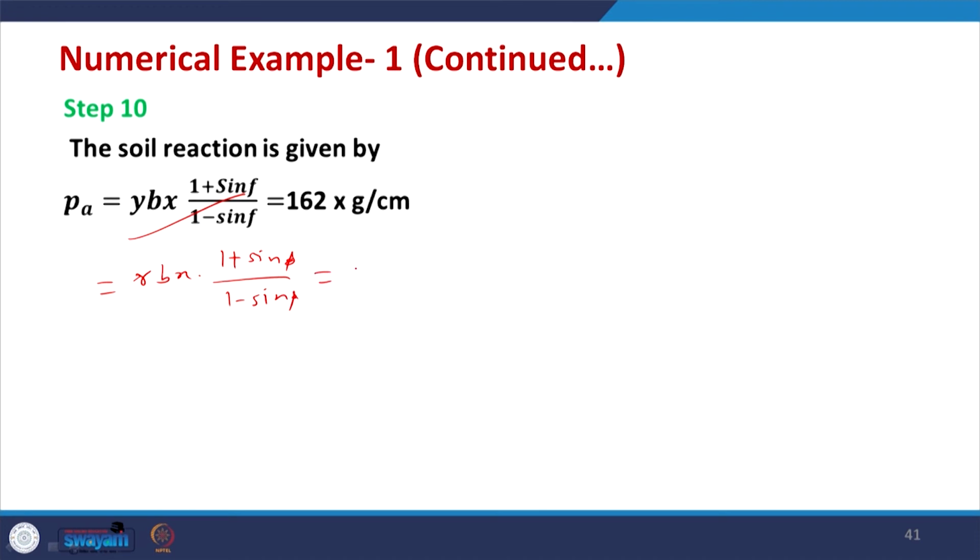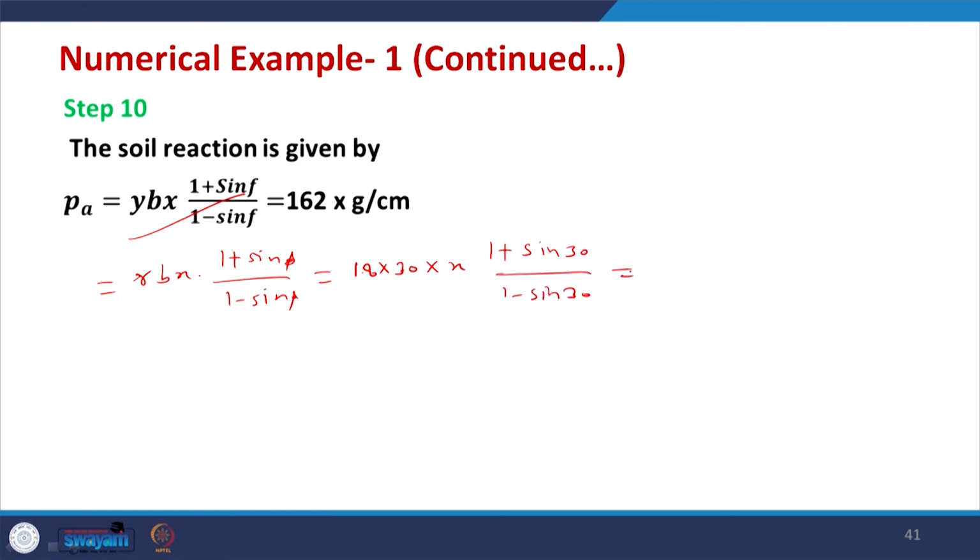The value of gamma is given to you in the question. Gamma is given as 1.8, then 30 centimeter pile, then 1 plus x, and 1 plus sin phi with phi equal to 30, and 1 minus sin phi with phi equal to 30.